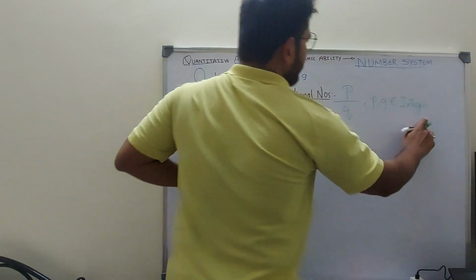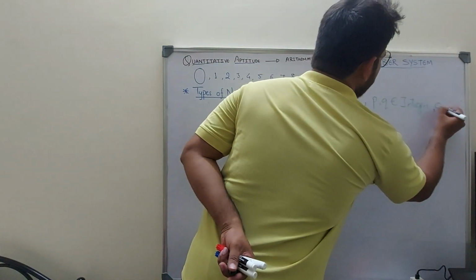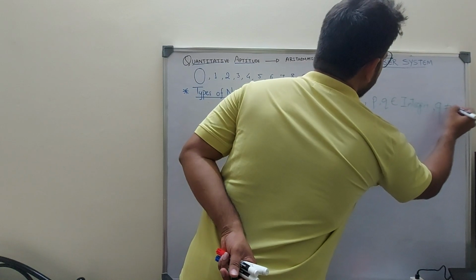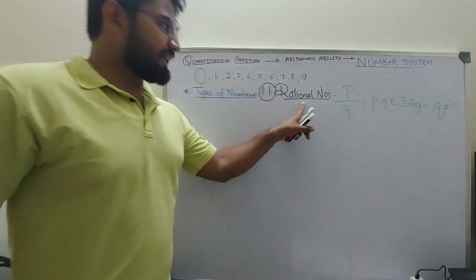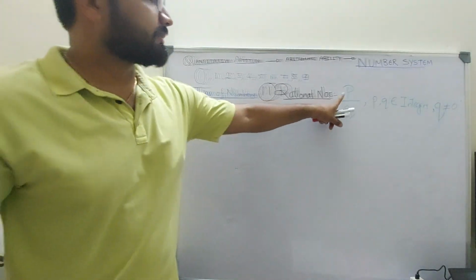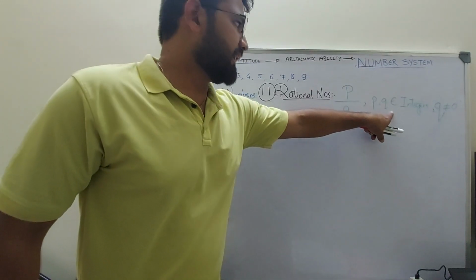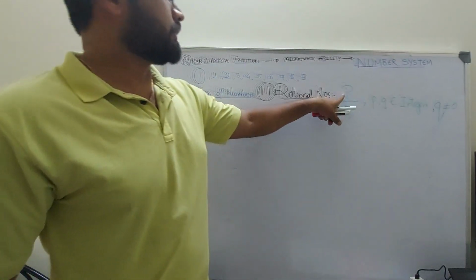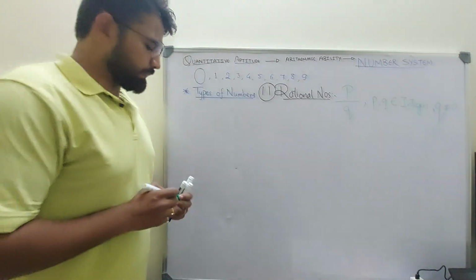Both should be integers, and also one more condition, that q should not be equal to 0. Simple as that. Rational numbers are the numbers which can be expressed in the form of p by q, and the condition is that p and q should be integers and q should not be 0.